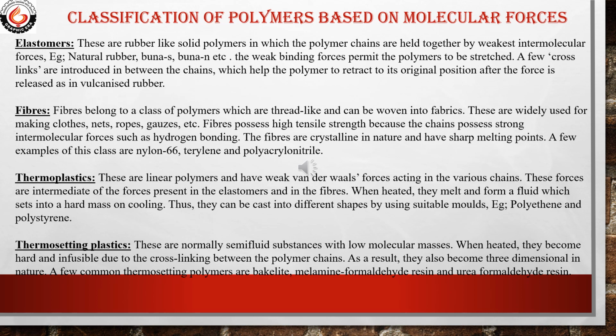Mostly these types of plastics are used to form switches, cooker handles, etc. The most common examples of thermosetting plastics are bakelite, melamine formaldehyde resin, urea formaldehyde resin, etc.